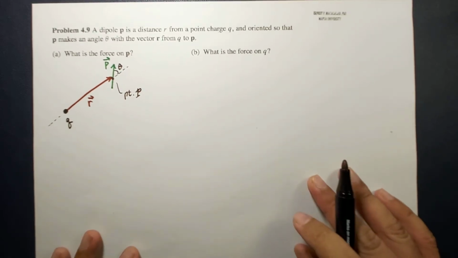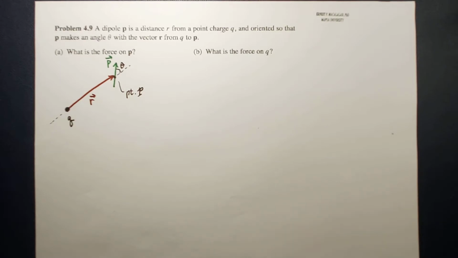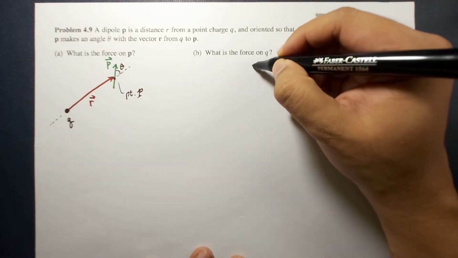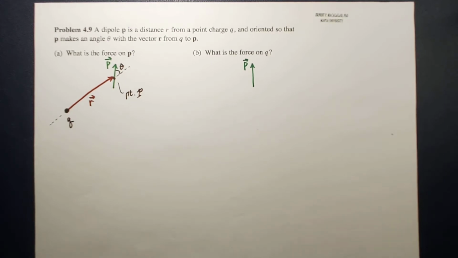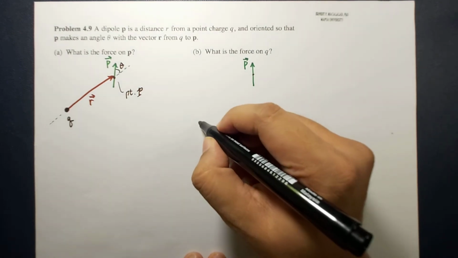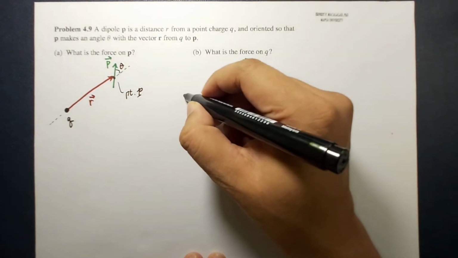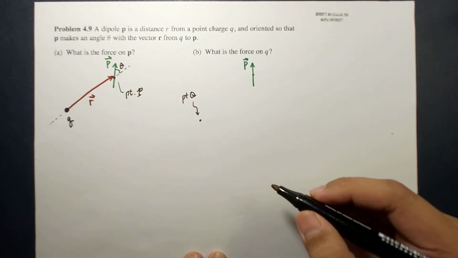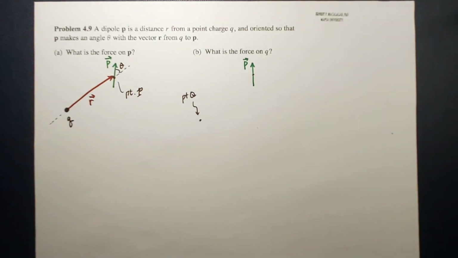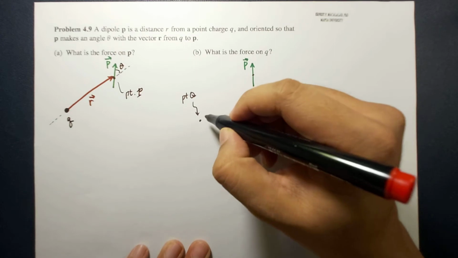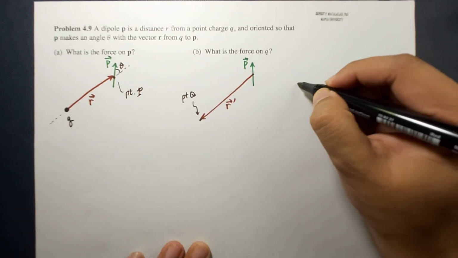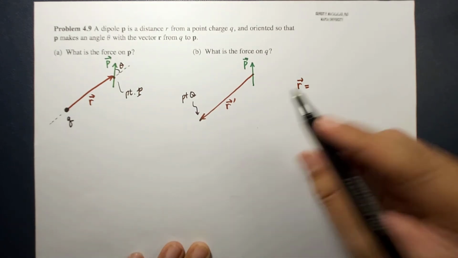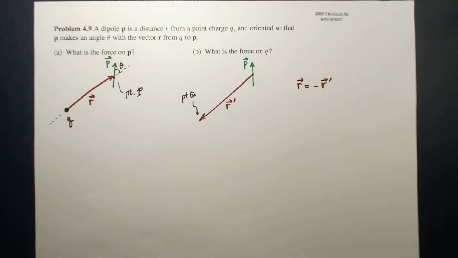On the other hand, let's consider the reverse situation, where this is your dipole P located here, and this is point Q. If we call the position of Q with respect to P r prime, then we note that r is just the negative of r prime. Let's take note of that.